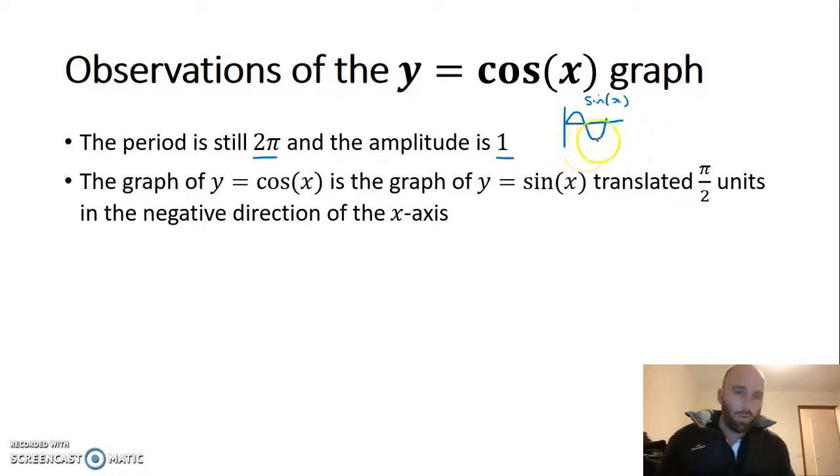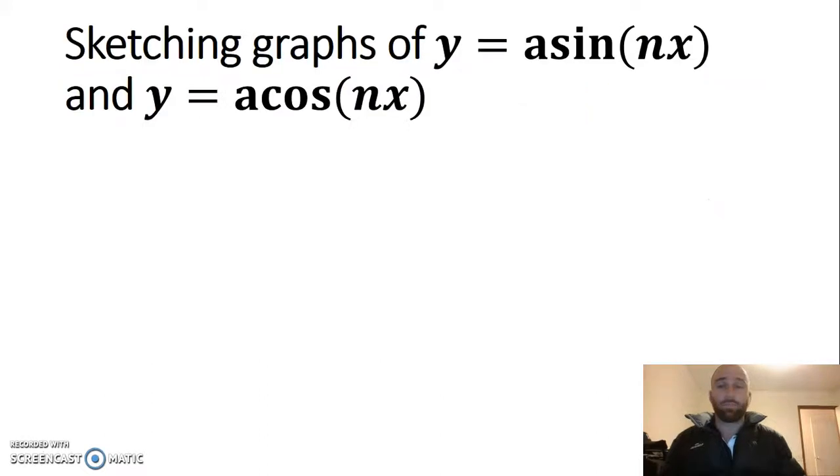What's happened is every single value we're just translating to the left, pi on 2 units. And that gets us our cos graph, which sort of works like that. And this is our cos of x. So that's what's happened. It's just been translated pi on 2 units to the left, and we get the exact same graph. So how do we sketch these?